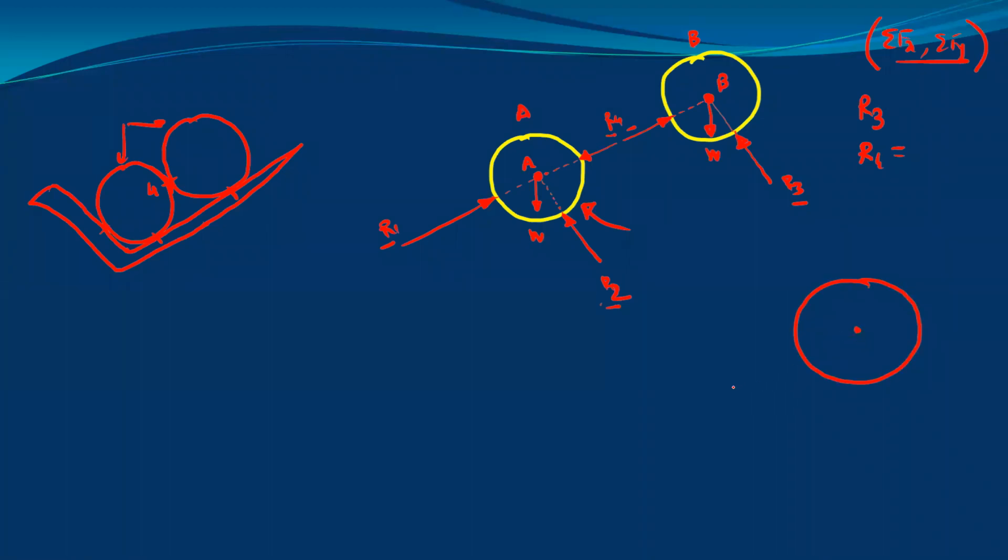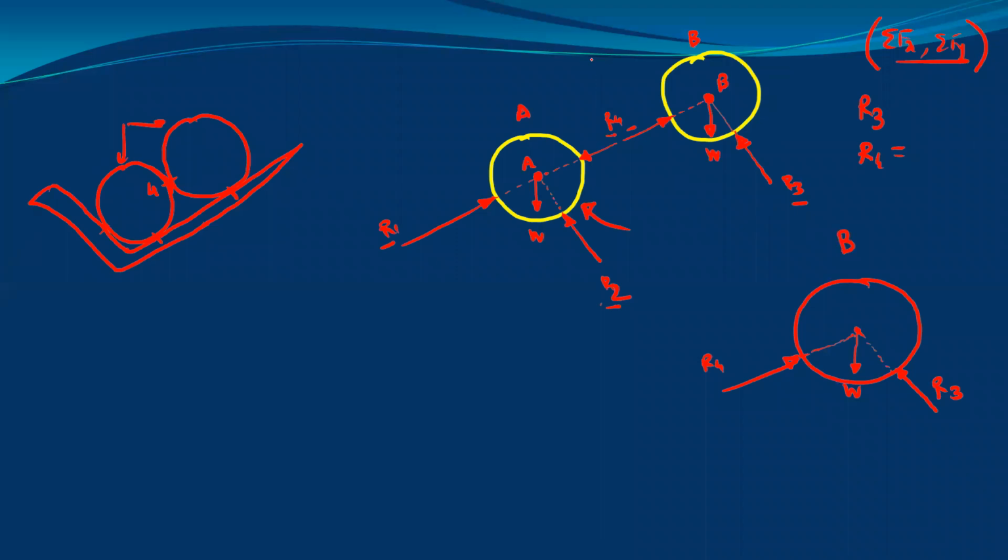So here we have the common reaction, R4. At this point, we have the reaction R3. And here we have the weight W. You can solve this free body diagram for sphere B by two methods.